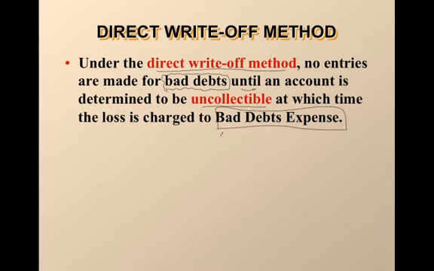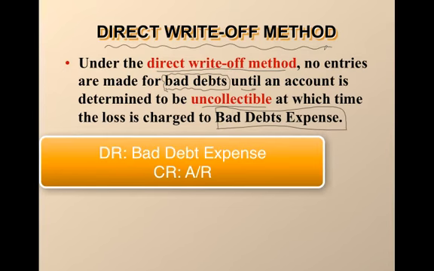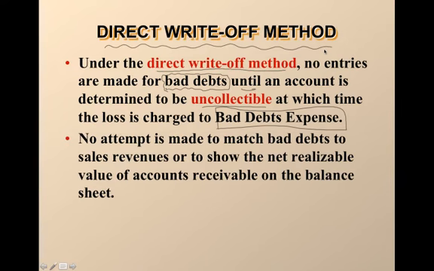And you're going to reduce the account. This is the direct write-off method. You're going to put it right to the bad debt expense account, and then you're going to credit your receivable. Now, no attempt in this direct write-off method is made to match the bad debt to the revenue or show the net realizable value of accounts receivable on the balance sheet.